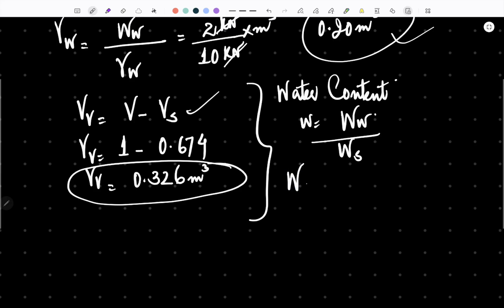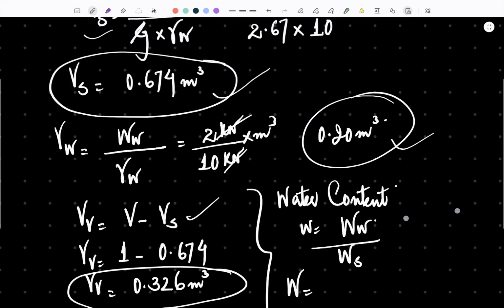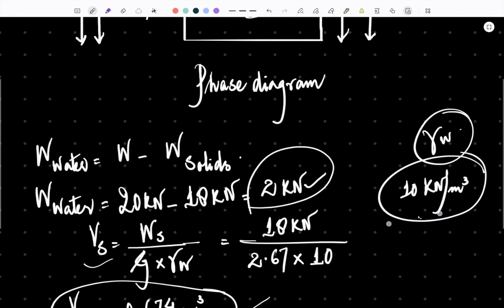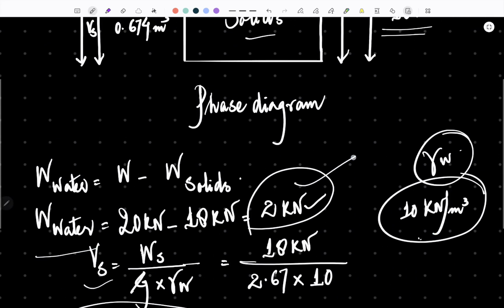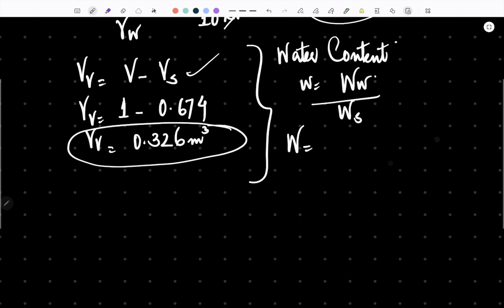So weight of water. Weight of water is how much? 2 kilonewtons. We found this at the very beginning. So 2 divided by weight of solids, that is itself given in the question, that the dry unit weight is 18 kilonewtons. That means weight of soil solids is 18.